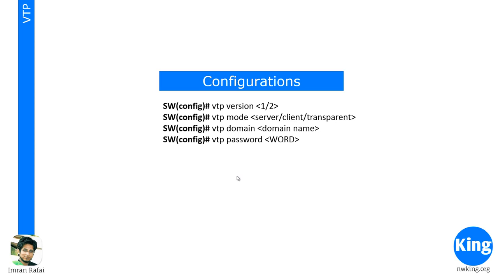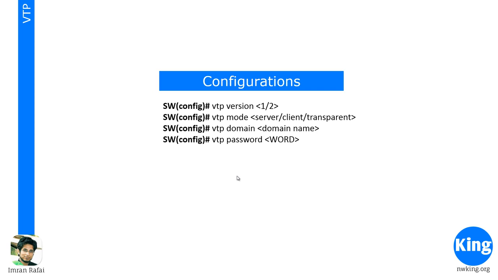When a device is in VTP server mode, that's the device where you can actually make changes like adding or deleting VLANs. A VTP client will not be able to directly configure. You will have to configure the VLAN database from the VTP server, and that will replicate to all the VTP clients.